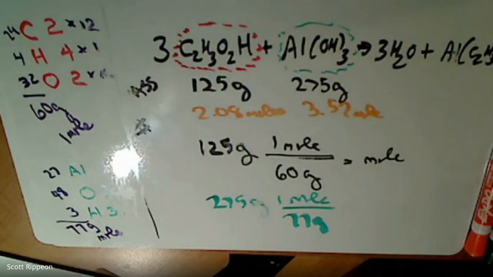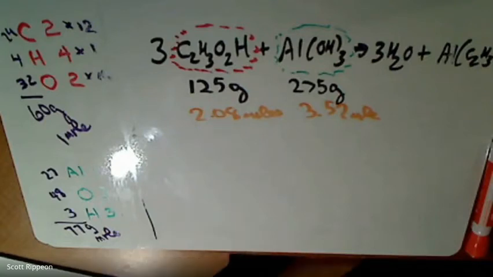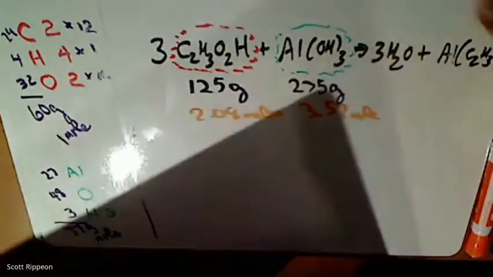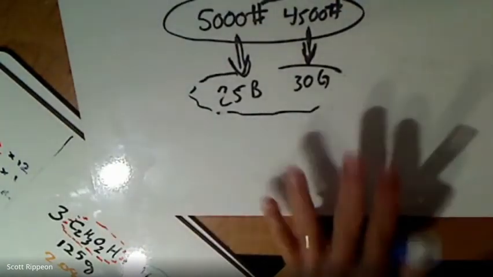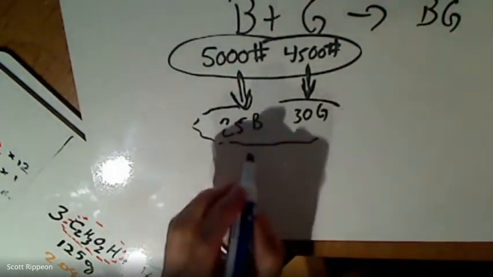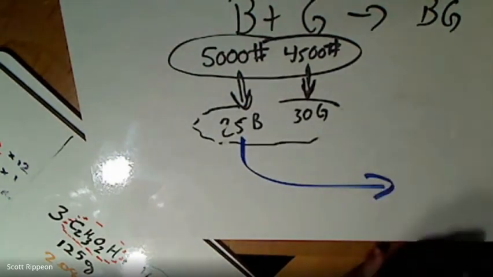Then what I want to do is go in from there, because the question says, how much aluminum acetate can I make? Same thing we did with boys and girls. We said, if I have 25 boys, how many couples can I make?